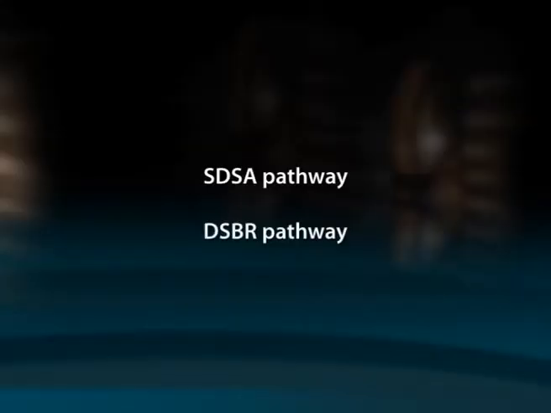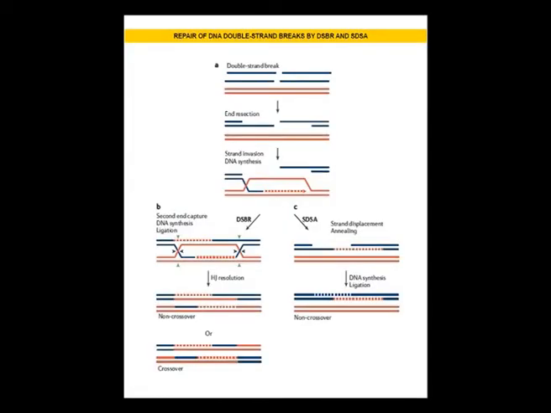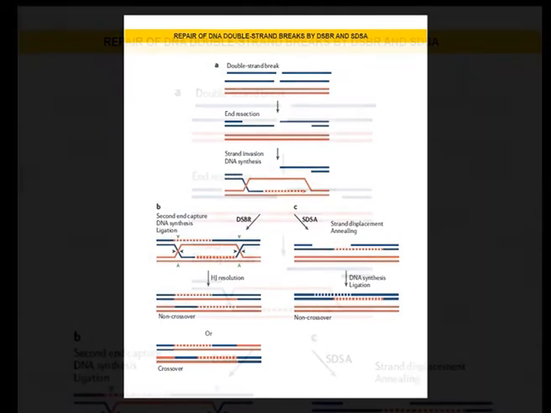There are two main models which suggest the pathways by which the Holliday junction DNA will break into two separate strands, the SDSA pathway and the DSBR pathway. The figure on the screen shows the SDSA pathway with no crossovers.